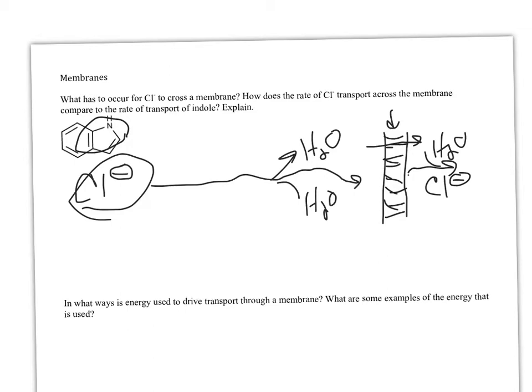And if there were a sufficient gradient so that there would be more indole on this side, say, of the membrane than this side, then there would be a strong entropic driving force that would help the indole cross, because it will want to go from high concentration to low concentration. You see, at high concentration, let's just draw a little membrane here. Let's say you have a bunch of molecules at high concentration on one side and just not nearly as many on the other side.